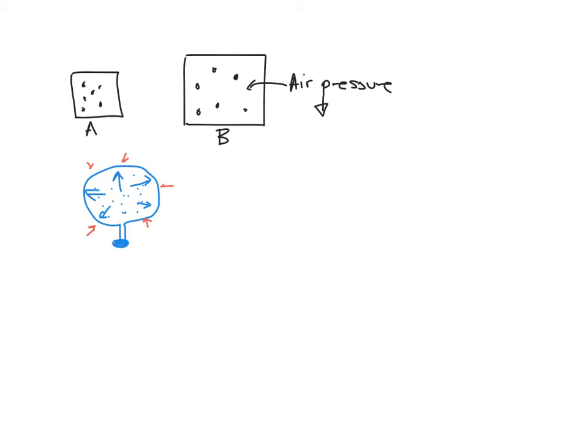Okay, if I were to cut a hole into the balloon, what will happen is because the air pressure inside is greater than the outside, the air will exit to try and equalize, because air always travels from a higher concentration of air pressure to a lower air pressure.